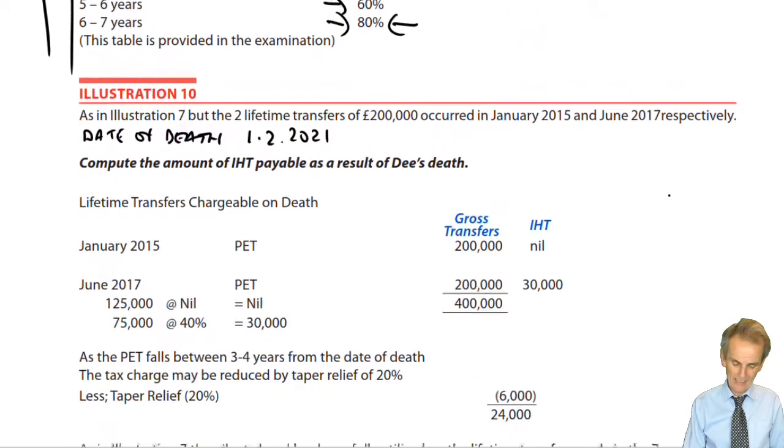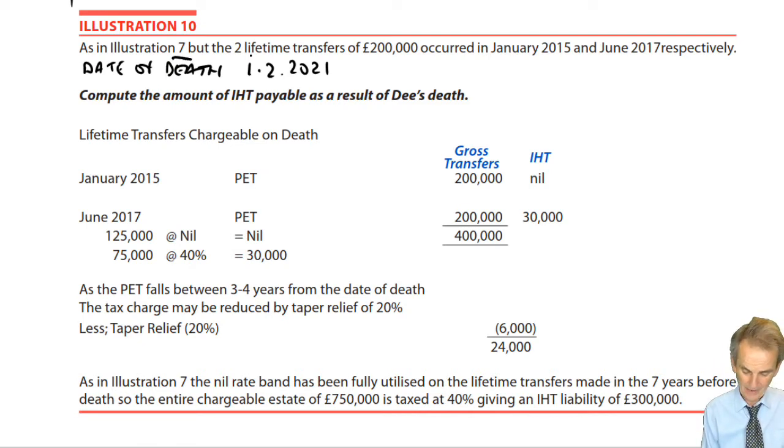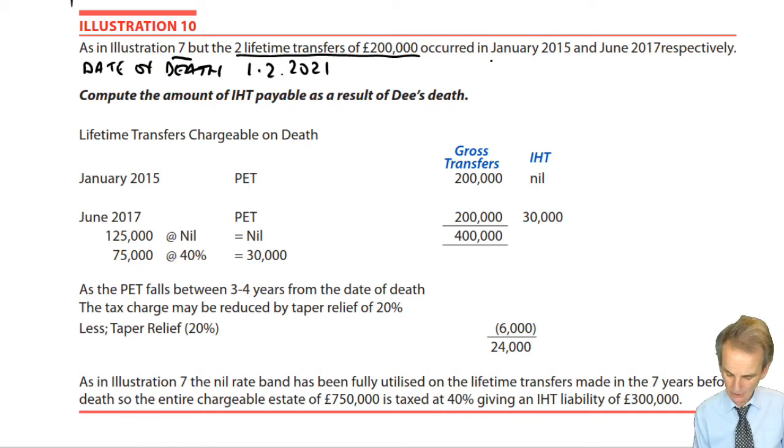Got an illustration here. Illustration 10, again, we go back to information from the previous illustrations that we built up across a series of examples, and refer to illustration 7. But this time, the 2 lifetime transfers, they were both of £200,000, occurred, I've pushed these back in time, back to January 15 and June 17.